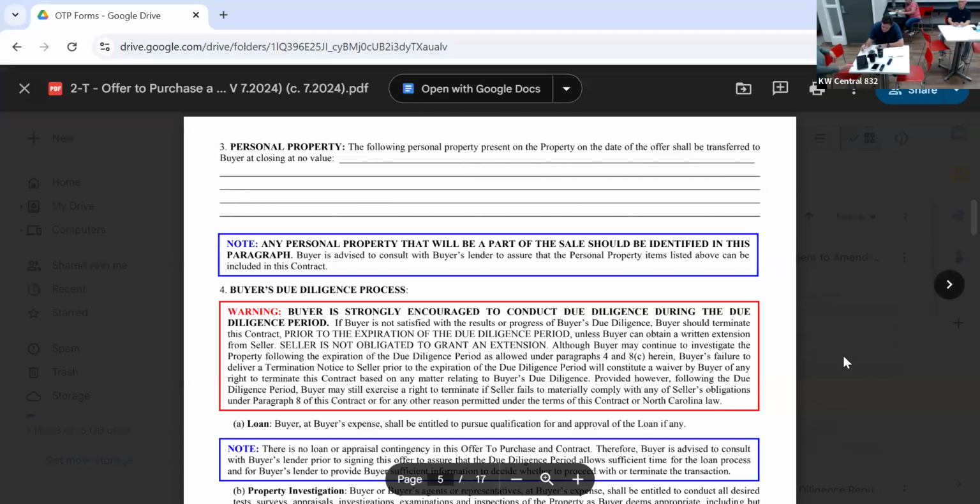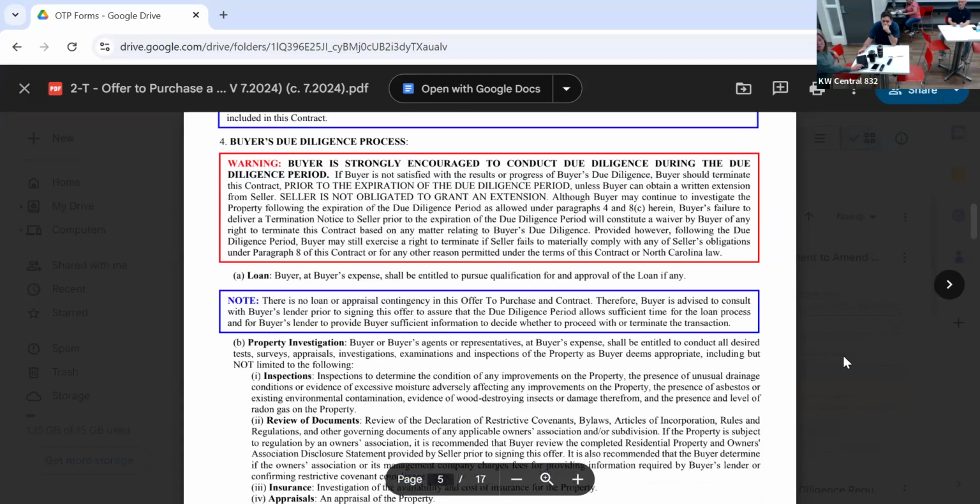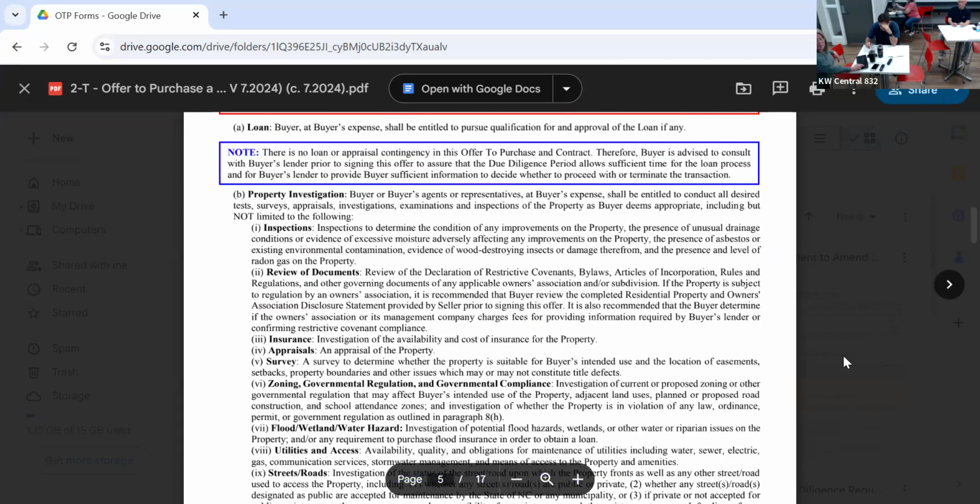This talks about the buyer doing their due diligence. This includes loan, property investigation. It goes through inspections, review of documents, insurance. Can you get insurance? An appraisal ordered by the lender, survey, zoning, governmental regulations. Is it in a floodplain?